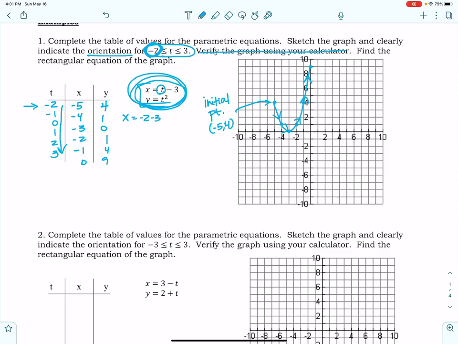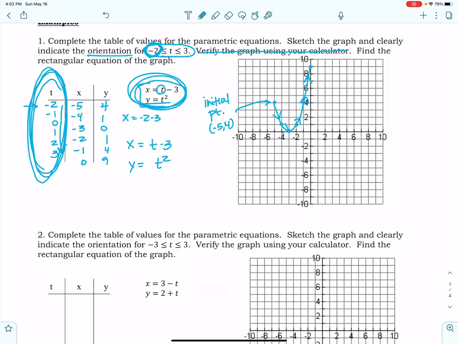Notice we don't have arrows going off in both directions, so it is limited by its domain and range because we only care about the parabola as it exists for t between -2 and 3. So when we create our rectangular equation, we're going to look at x equals this and y equals this. Typically we write our rectangular equations as y equals something.